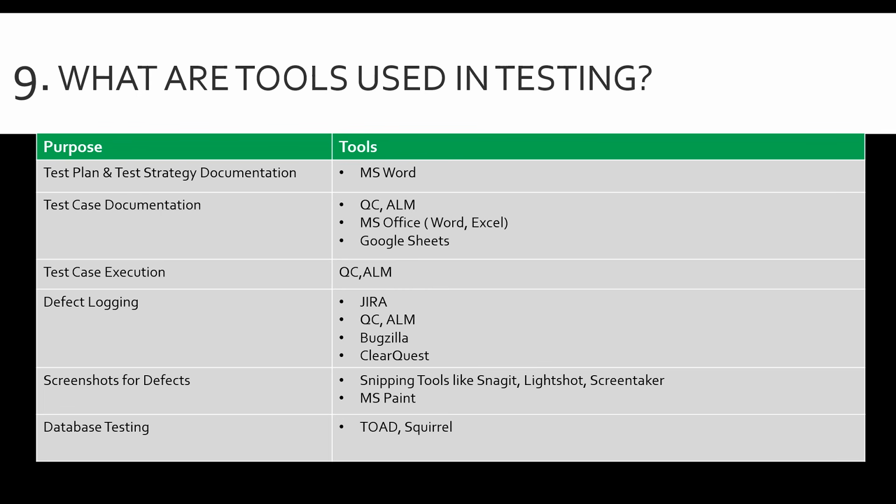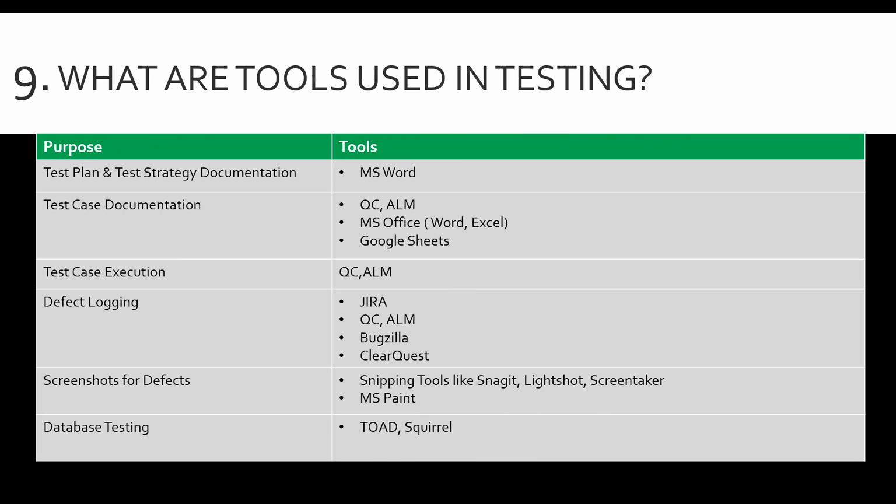And then for execution, QC or ALM is used. In the tool itself, once the test cases are done, instead of updating an Excel spreadsheet, the testers can update it directly in the tool, and reporting is very quick. You can just export the whole results from the test execution updates done in QC or ALM. So that's one key tool.